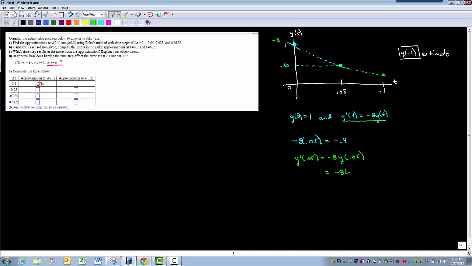So this would be negative 8 times 0.6, which is going to be negative 4.8. So that tells us that the slope of this guy right here is negative 4.8. Excuse me, I said that wrong at first. Okay, so negative 4.8.